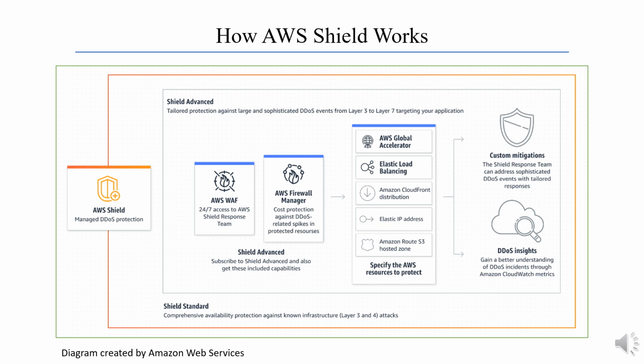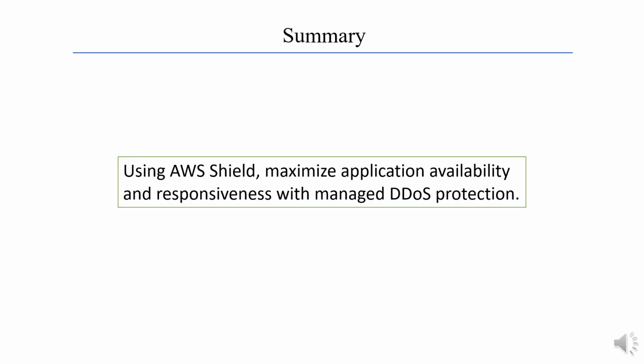We recommend you read the diagram and get a better understanding of how AWS Shield works in an application environment. In conclusion, use AWS Shield and maximize application availability and responsiveness with managed DDoS protection.